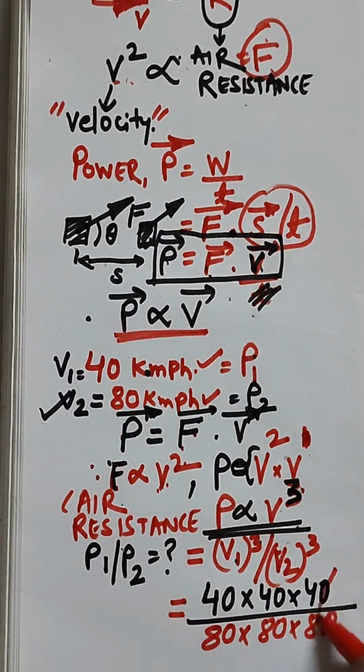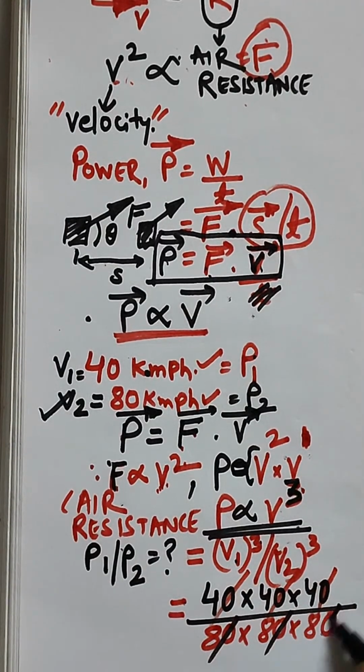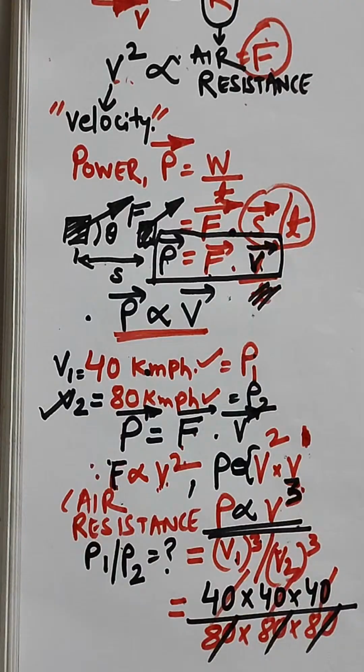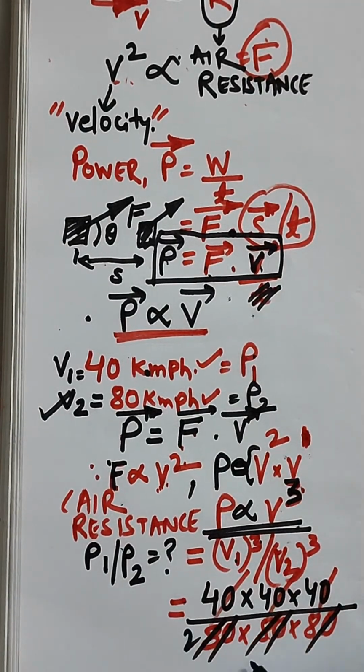Here you can see these three zeros will be cancelled out by these three zeros. And this 4 goes into 8 two times, this 4 goes into 8 two times again, and the remaining 4s cancel out.